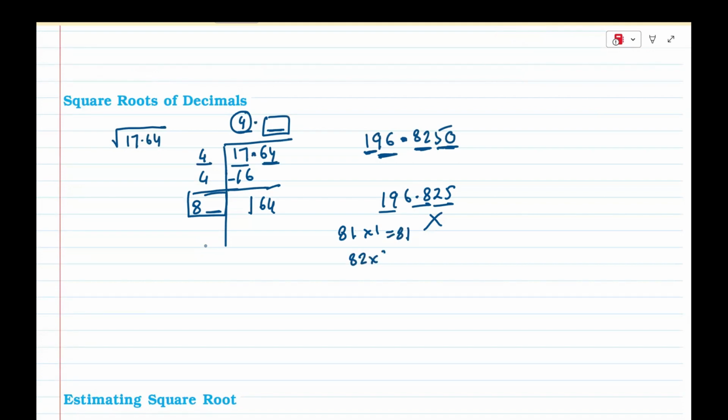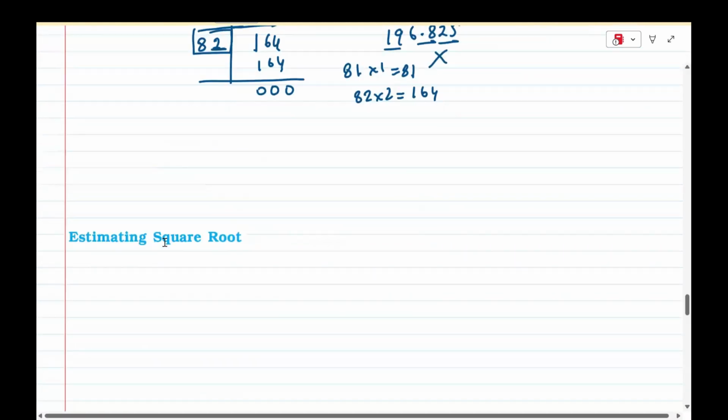But if I substitute 2, it is 164. Correct. So I need to put 2. The multiplication of these two is 164. Subtract it and it is 0. So the square root of 17.64 is 4.2. Clear? If you have any queries, you can comment. I will definitely reply.